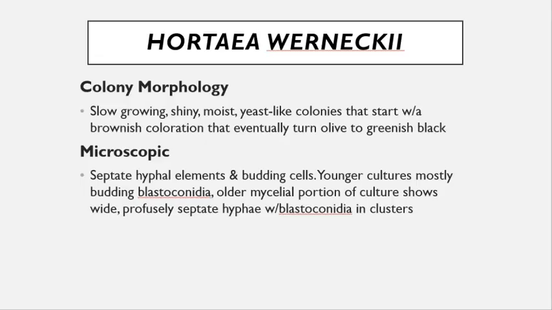For a microscopic ID, you're going to see septate hyphal elements and budding yeast. In our younger cultures, mostly you're going to see budding blastoconidia, and in older mycelial portions of the culture, it's going to show wide, profusely septate hyphae with blastoconidia in clusters.